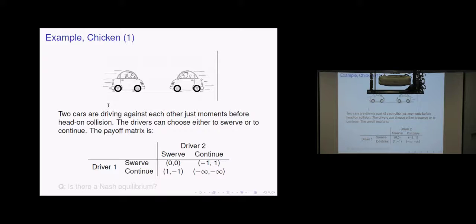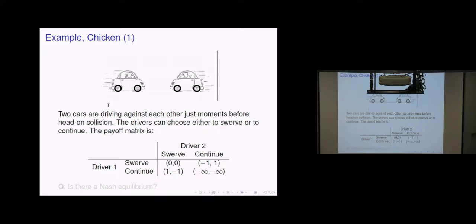The payoff matrix is like this. If both of them swerve, they get 0. If both of them continue, you know what happens: both of them get negative infinity, or you can place a very large negative number here, like negative 2019.